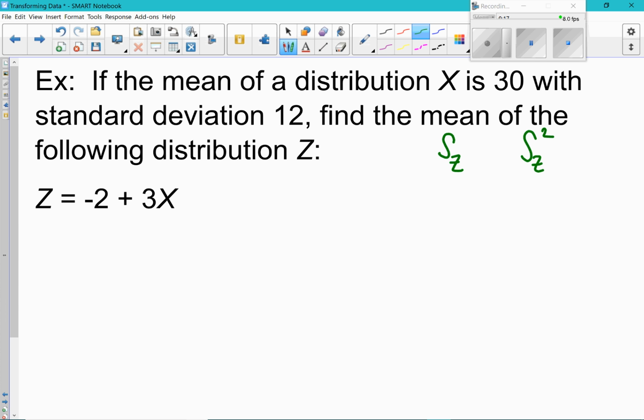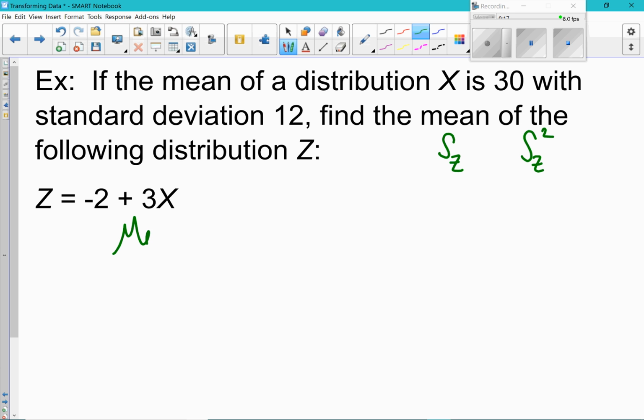So we want to find the mean of z, the standard deviation of z, and the standard deviation squared. But z is defined as if I took variable x, multiplied it by 3, and added -2.